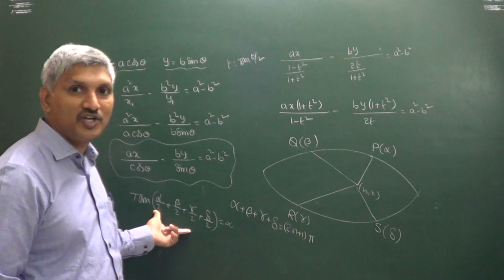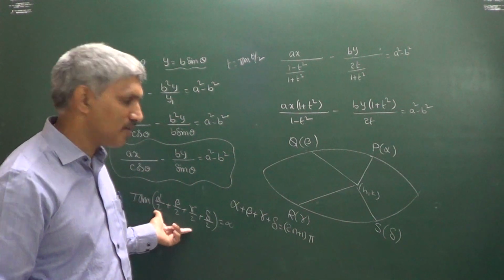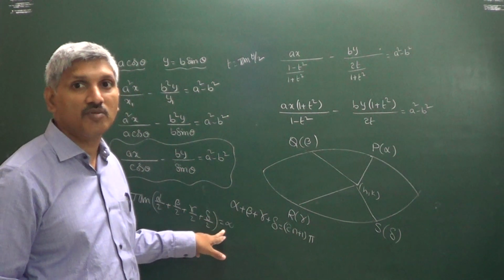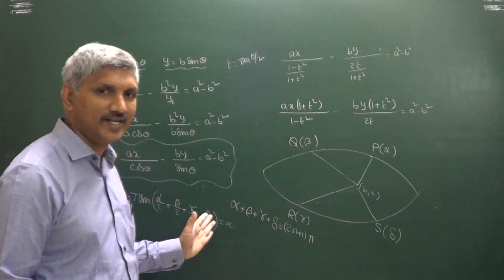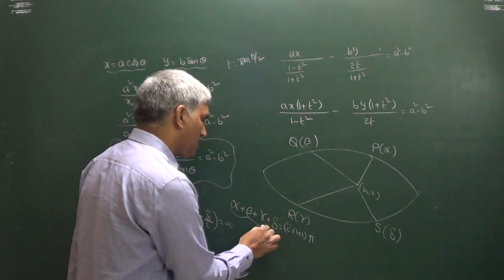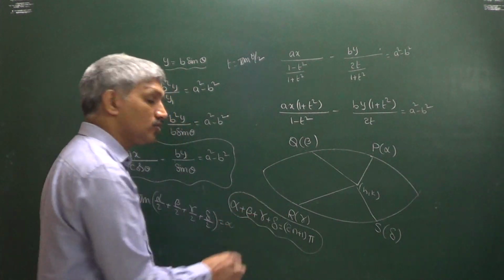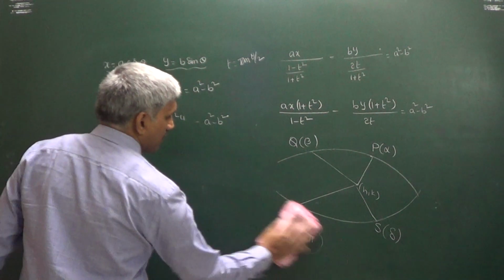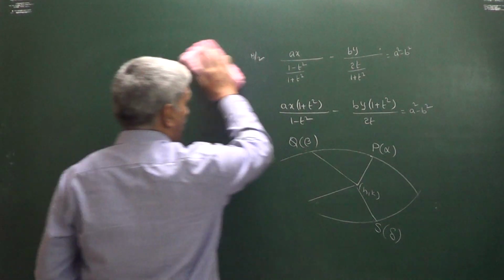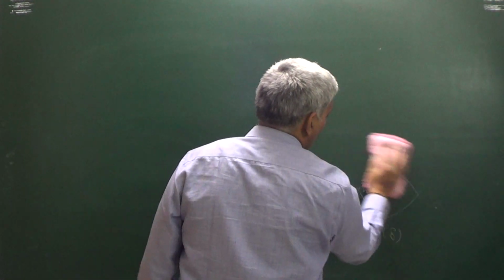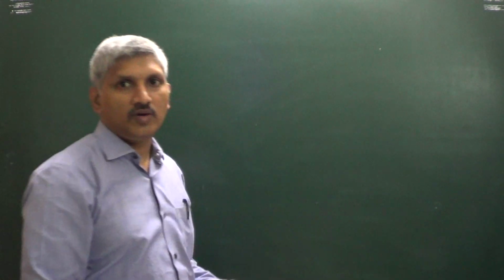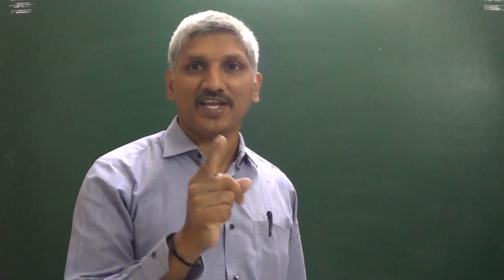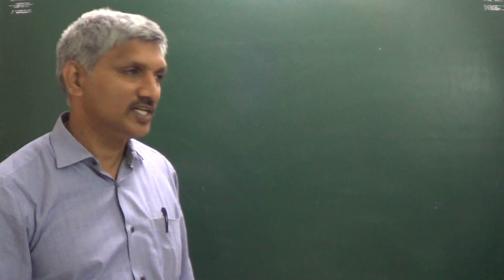Alpha by 2 plus beta by 2 plus gamma by 2 plus delta by 2, you will get odd multiples of pi by 2. That's why the 2 cancels both sides. Alpha plus beta plus gamma plus delta is equal to odd multiples of pi. So that is the discussion of the parametric equation of a normal, the number of normals to an ellipse, and the sum of the eccentric angles. That theta is called the eccentric angle.